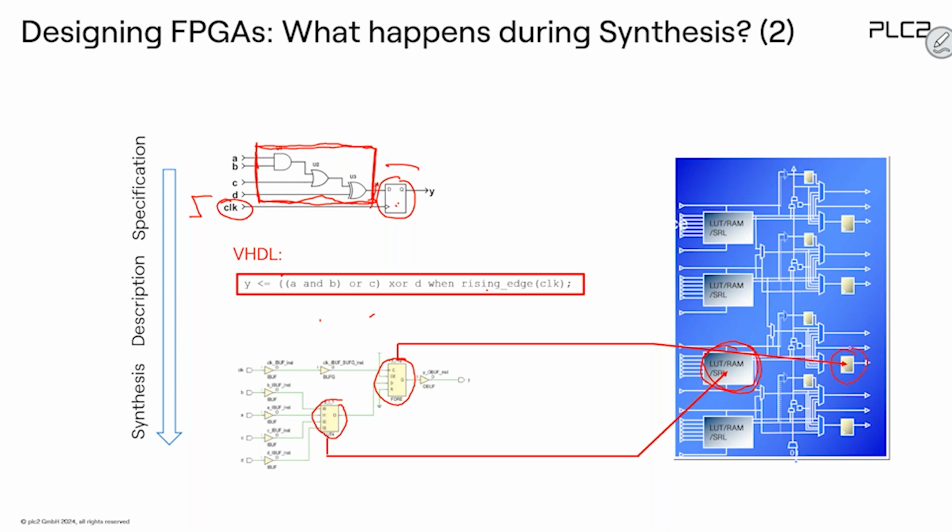And because inside the slice there's a connection from the lookup table to the flip-flop, maybe this one here, this connection will be used, and this would be the output. You see, this is how it works. We just need to understand the methodology of how to describe it, and then the synthesis will translate your description to the architecture and to the logic here.